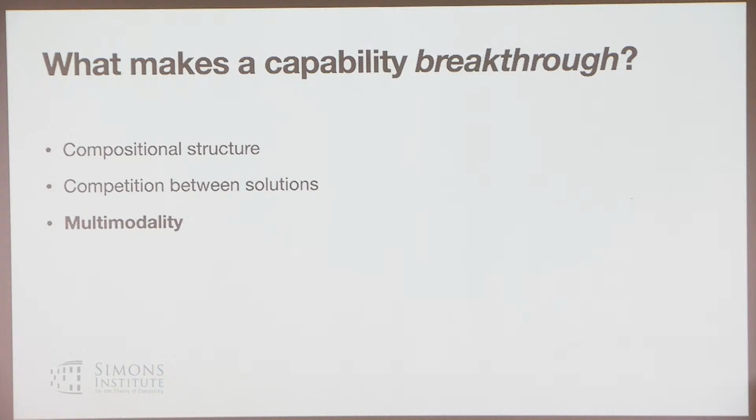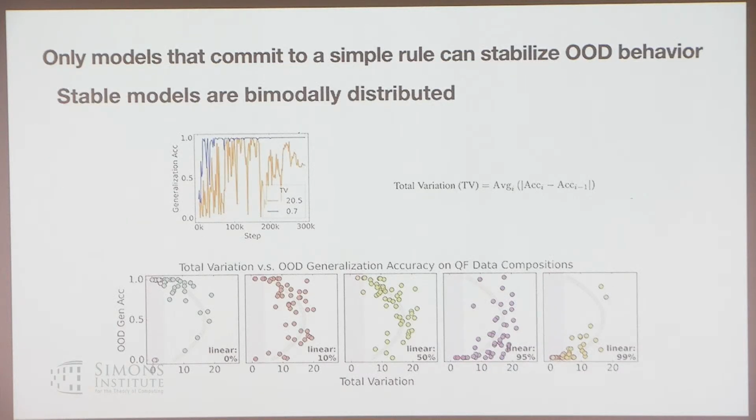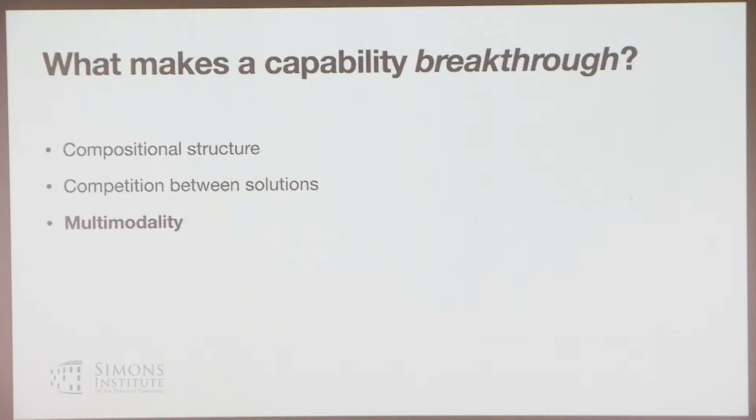So this is an example of how these breakthrough capabilities are actually multimodal. They don't necessarily look multimodal until you control for the level of stability, which expresses the competition itself. So if the competition resolves, you end up with multimodal distributions across random seeds.